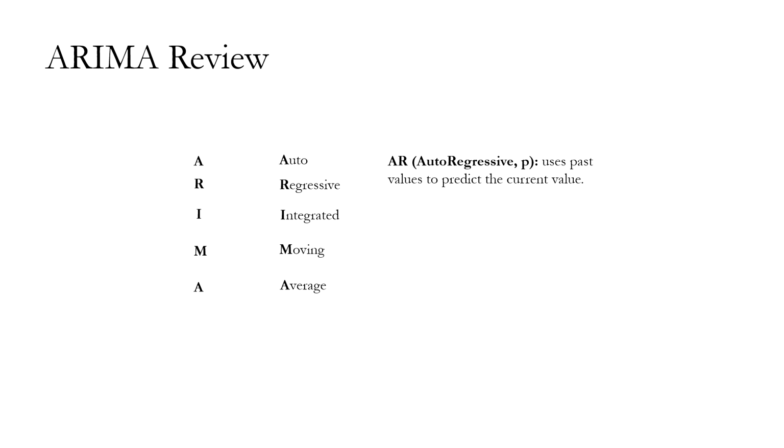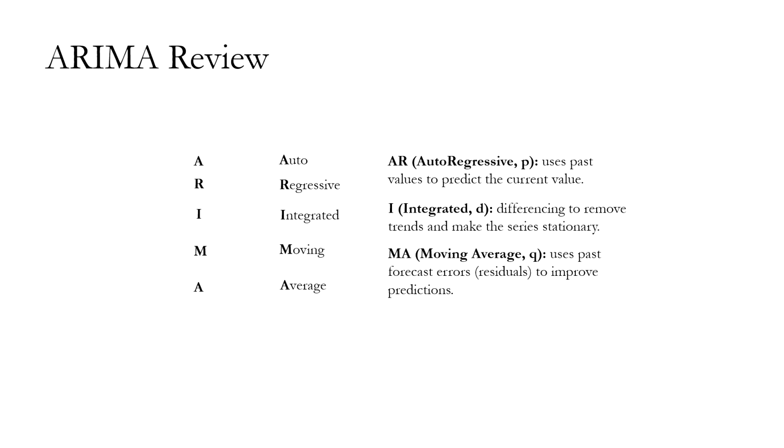Now the autoregressive part uses past values to predict the current value. The integrated part, or D, is differencing to remove trends and make the series stationary. And then the moving average uses past forecast errors, in other words, residuals, to improve predictions.